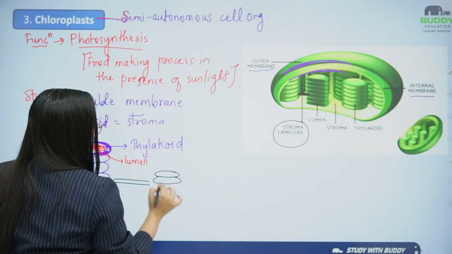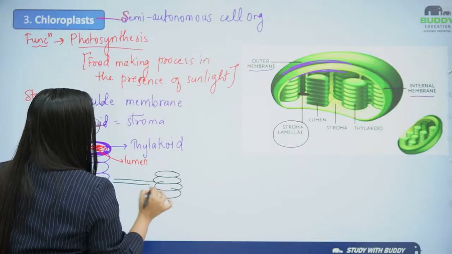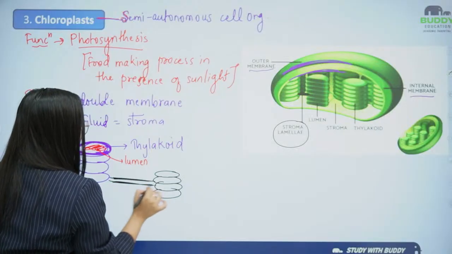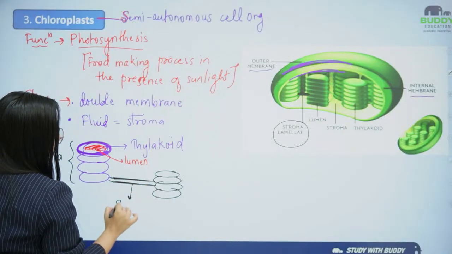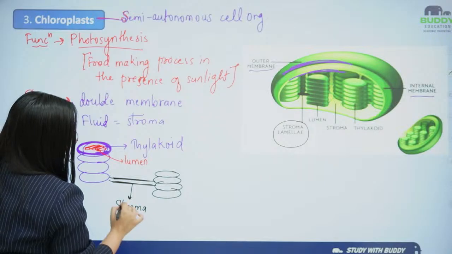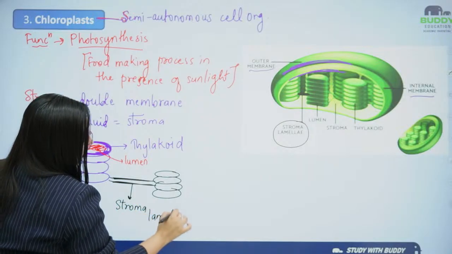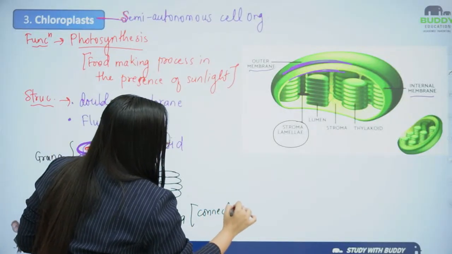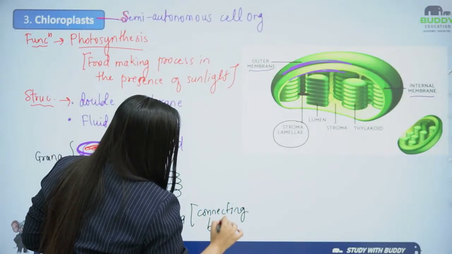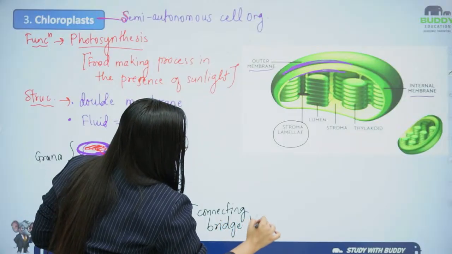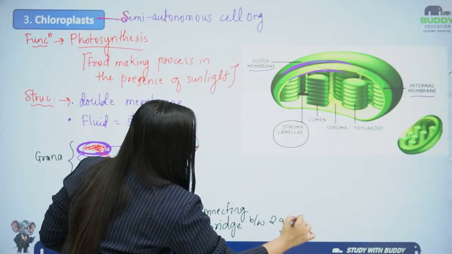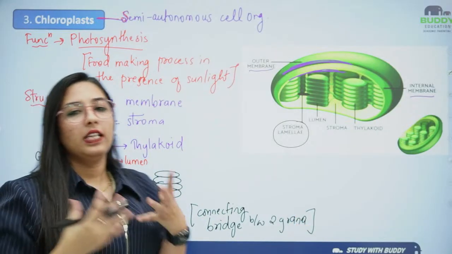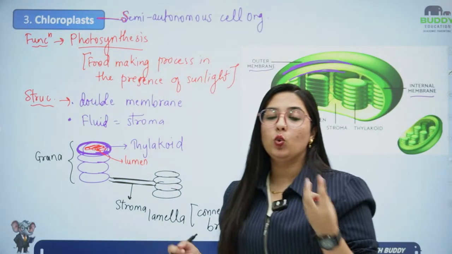This other grana is connected with the help of this bridge. This bridge is known as stroma lamella. This is basically the connecting bridge between two grana.